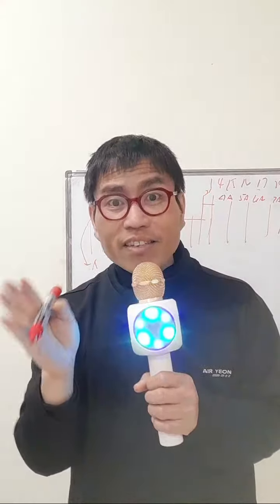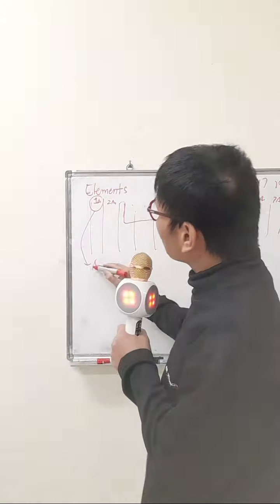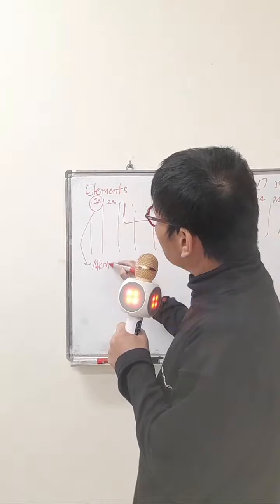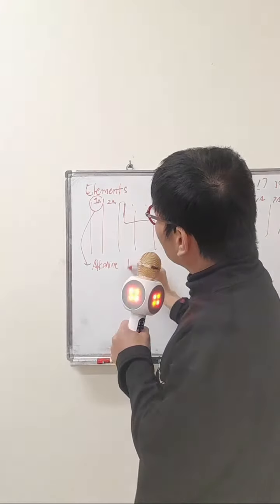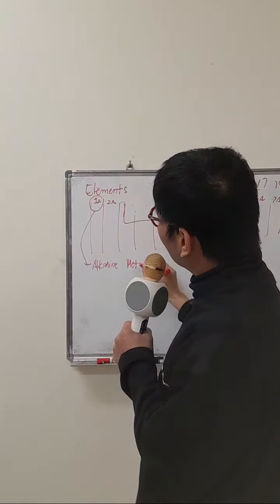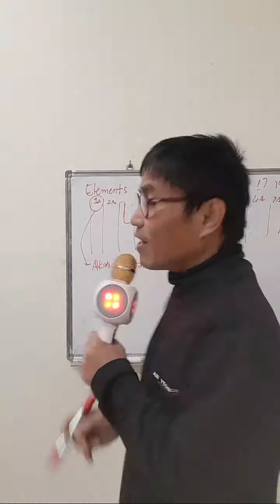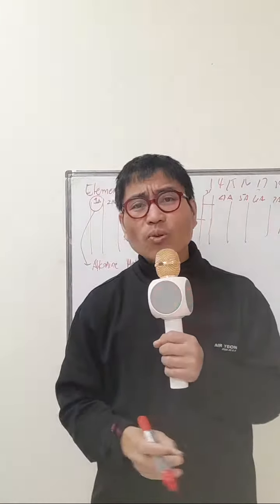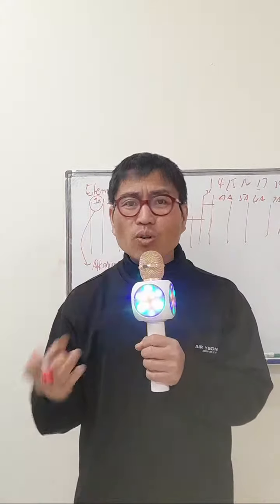Group 1A is what we call the alkaline metals. If you mix that with hydroxides, it will become an alkaline solution, something like that.